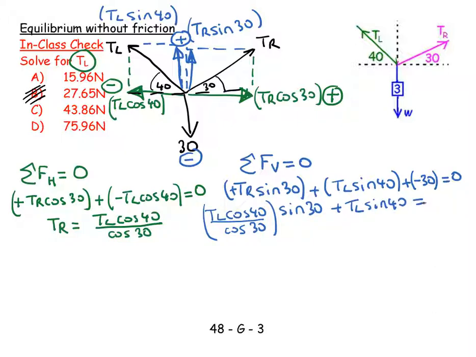Let's take this minus 30 to the other side, equals 30. Let's gather together all the t lefts.